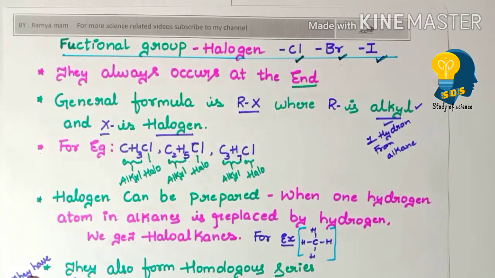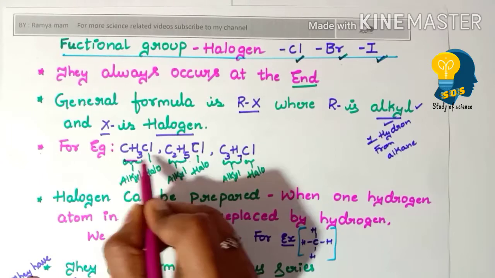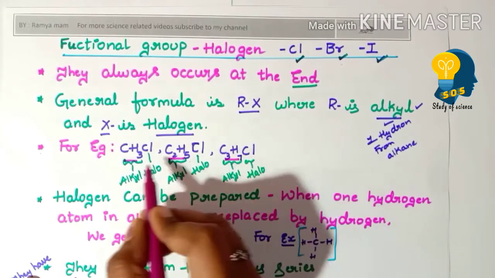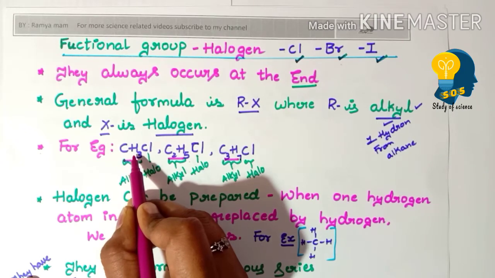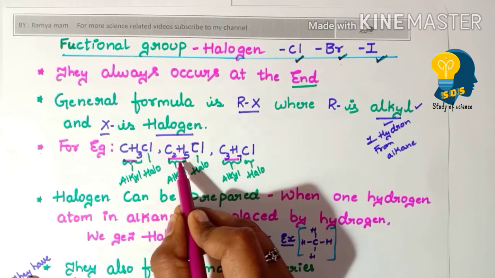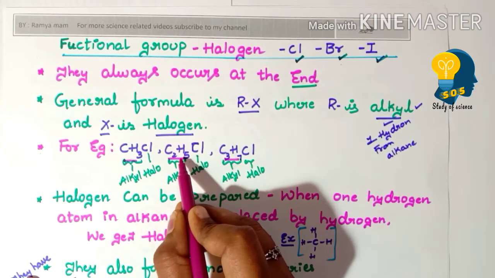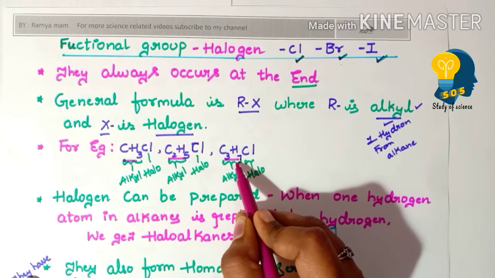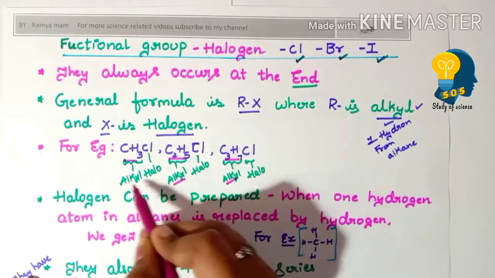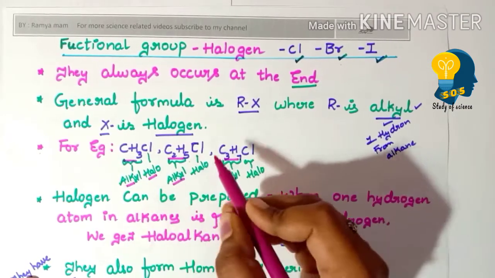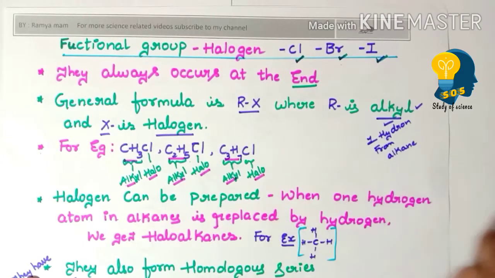Correct? Because in all these cases, one hydrogen is removed. This is methane. By removing one hydrogen, it became methyl. This is ethane. By removing one hydrogen, it became ethyl. This is propane. By removing one hydrogen, it became propyl. Right? All these are alkyl groups and they get attached with the halogen group.